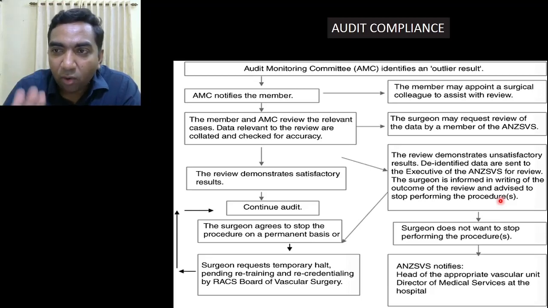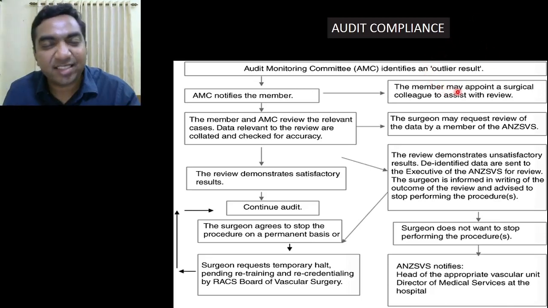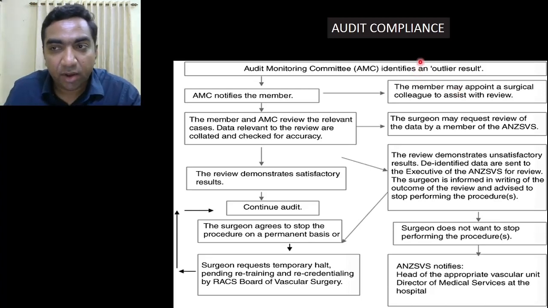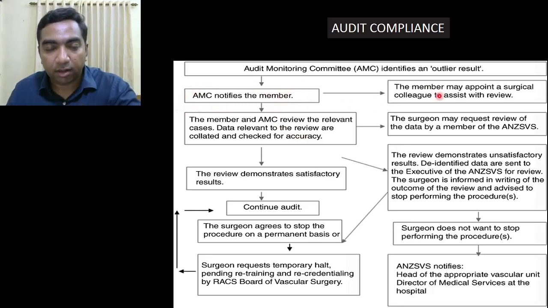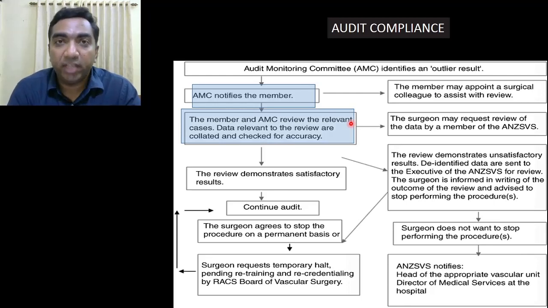Suppose the audit identifies one person as an outlier, that is, he is not getting the results which are expected, or he is having more complications. So the audit monitoring committee notifies the member that your results are poor, or you are having a higher complication rate. There may be some doubt that it is a problem with the collection of the data.